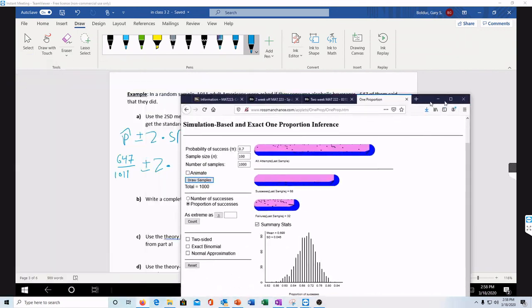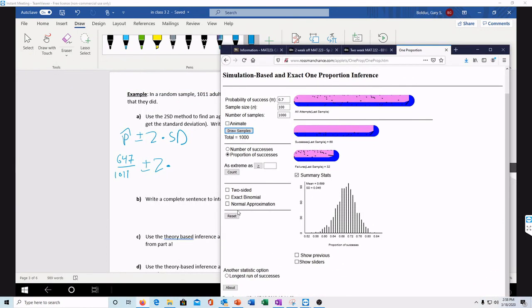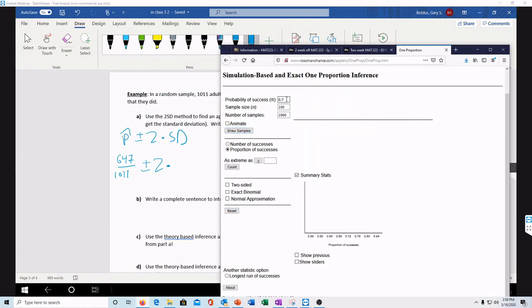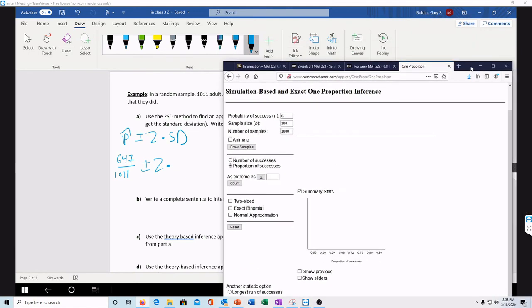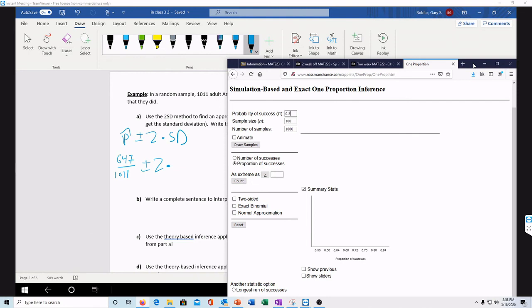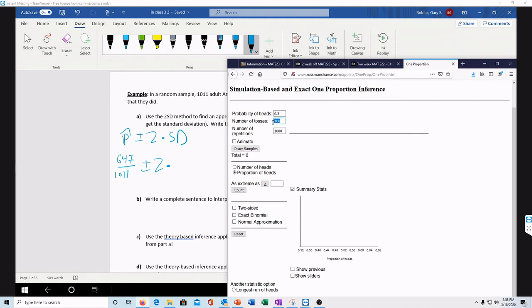I'm going to go over to the applet and reset everything. I don't know what the correct answer is, so just to be safe, I'm going to use 0.5. My sample size was 1011. My number of repetitions, we can keep at 1,000, that's fine. Let's draw some samples. My standard deviation is 0.015. I'm just going to read that right off.